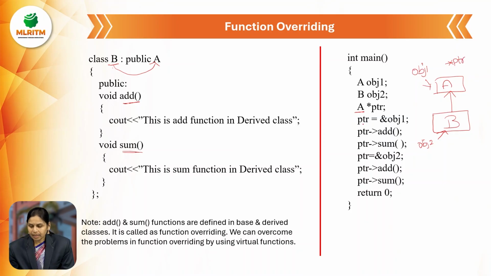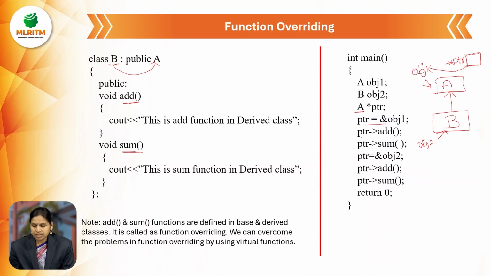Now PTR equal to address of object 1, means this pointer points to object 1. So this pointer is declared especially for the base class and the base class object address is copied into that pointer.